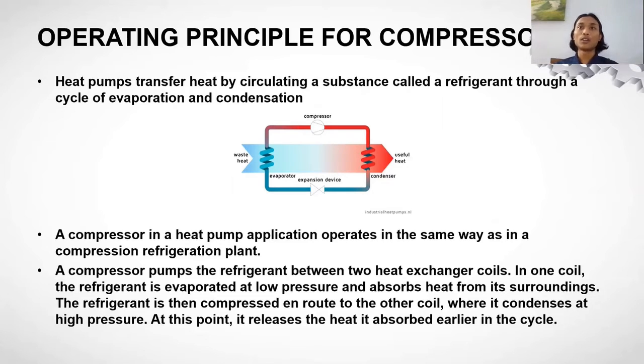In one coil, the refrigerant is evaporated at low pressure and absorbs heat from its surroundings. The refrigerant is then compressed en route to the other coil, where it condenses at high pressure. At this point, it releases the heat it absorbed early in the cycle.